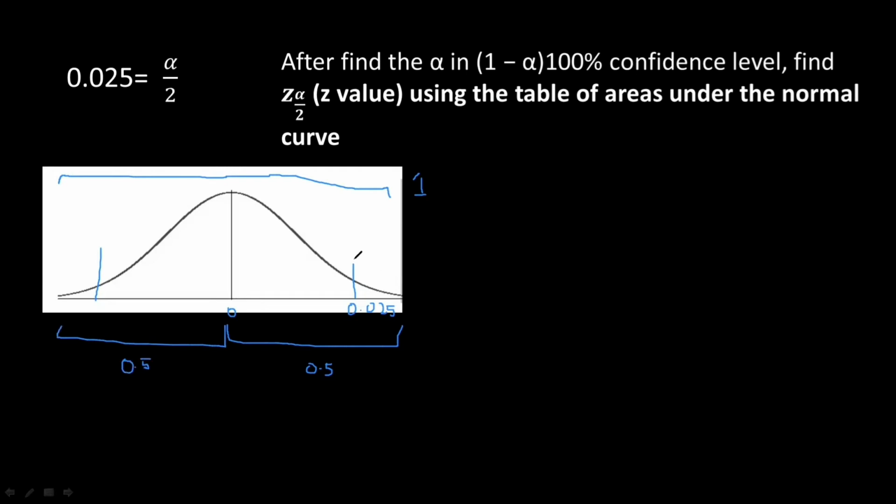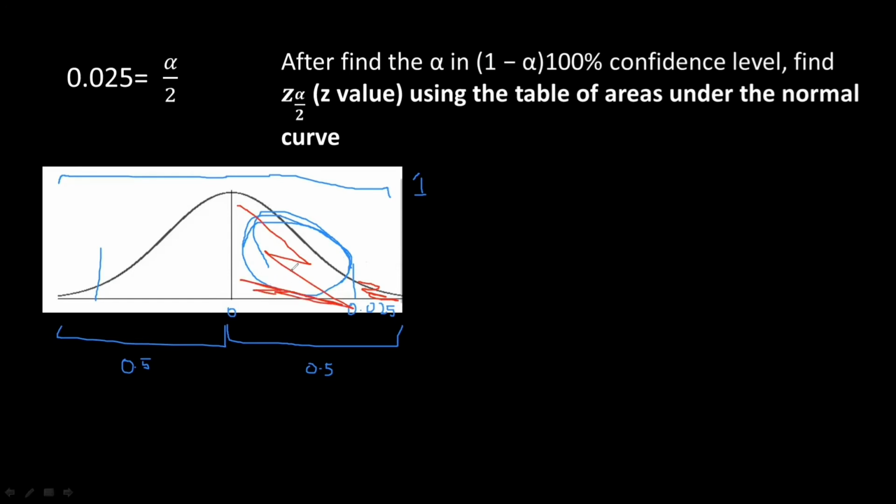So, ngayon, we are going to find this part para makuha natin yung ating z value. So, eto po kasing 0.025 ay dito po yung part. Ayan, ditong part. So, ngayon, hahanapin natin yung part dito.